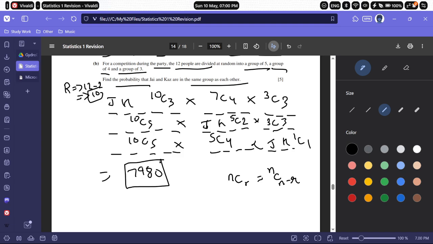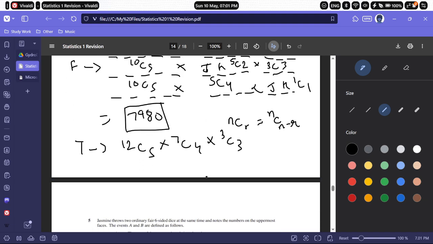Now you have to think about all the total outcomes. So in total you have 12 people. This is for favorable. For total it's pretty easy. 12C5 times, wait, hold on. Oh my god, my laptop's tweaking. 7C4 times 3C3. And then you just find the probability.